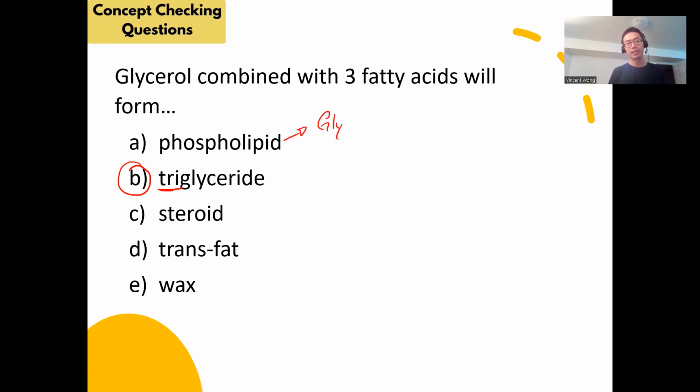A is, write down if you didn't know, glycerol plus 2 fatty acids and a phosphate group. That's phospholipids. Trans fat is what you get when you do hydrogenation. It has nothing to do with what the question is asking.